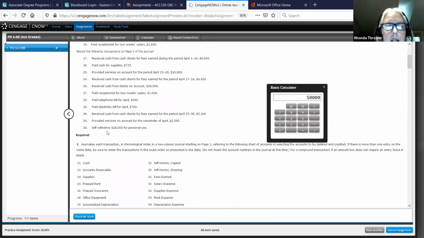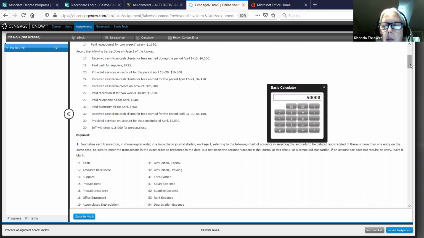And it's the second April 30th transaction. We're receiving cash, and they again are from cash clients for fees that were earned. So when we receive the cash, we've got to debit our cash, and we've got to credit fees earned because these were not fees from clients that were on account. They're cash clients.